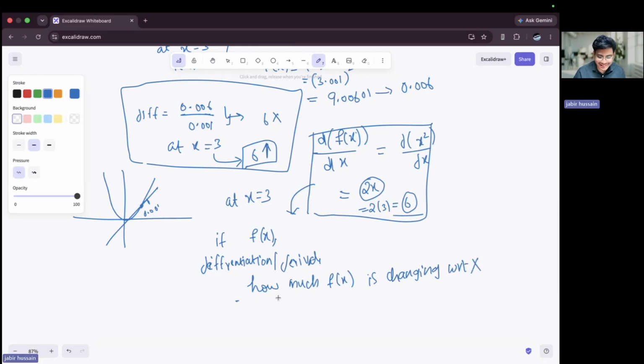So this is the definition of derivative. It tells you that if you nudge the input a bit, then how much your output is going to change. This is the definition of a derivative.